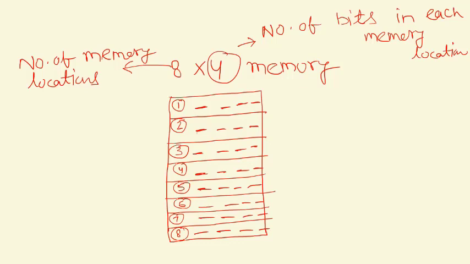So this is 8 into 4, and this 8 can be represented as 2 to the power 3, and this 3 means that 3 bits are required.